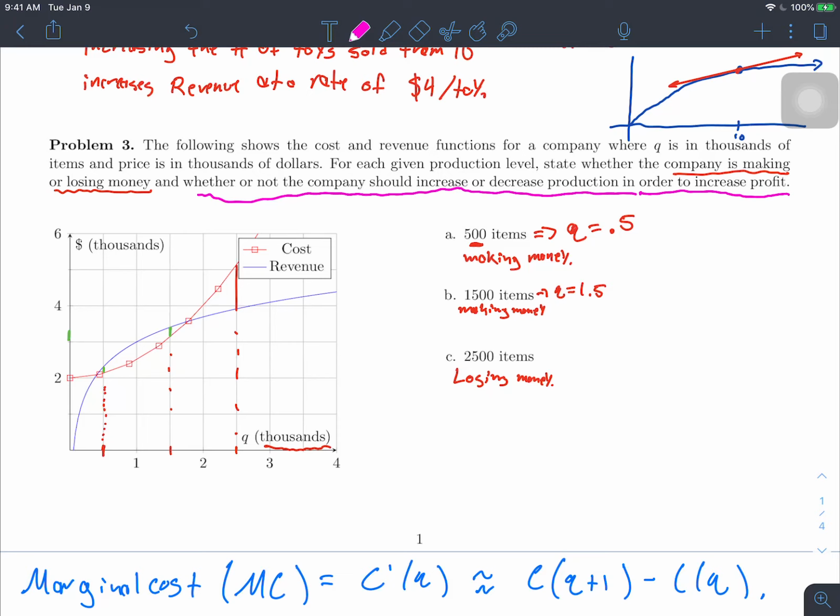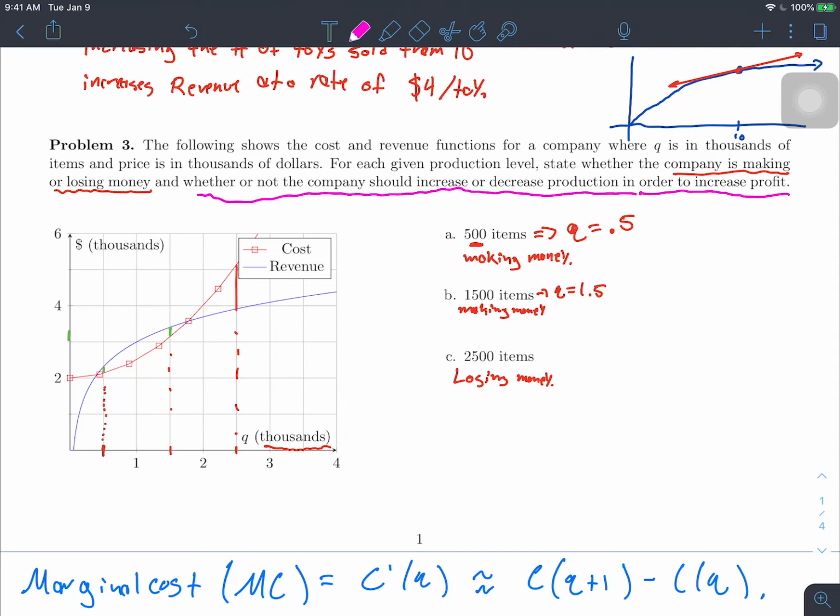If our marginal profit is a positive number, then that means increase in production corresponds to increase in profit. That would be great. If our marginal profit is a negative number, then that means increasing production decreases profit.